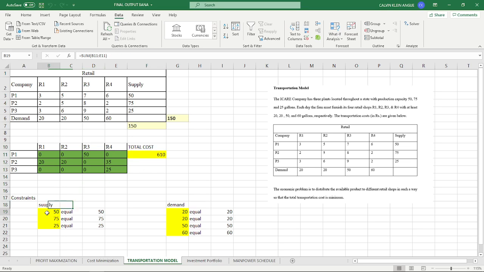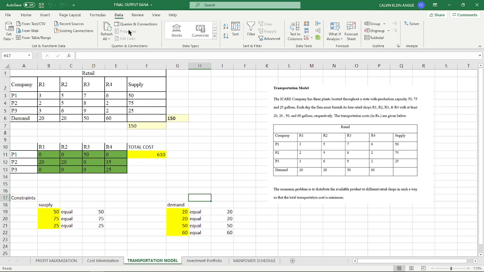Then for our supply constraints, you need the sum of this part, the sum of this part for our demand, and for the retail number 2, this part, for our constraints, and this part.